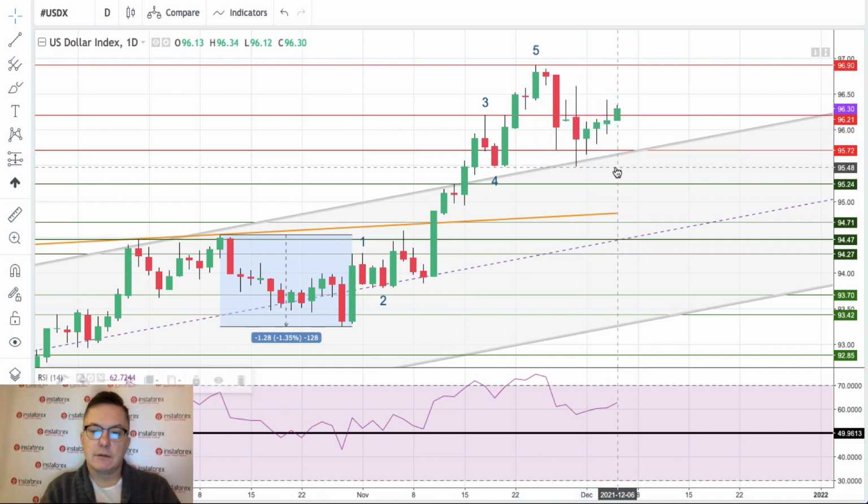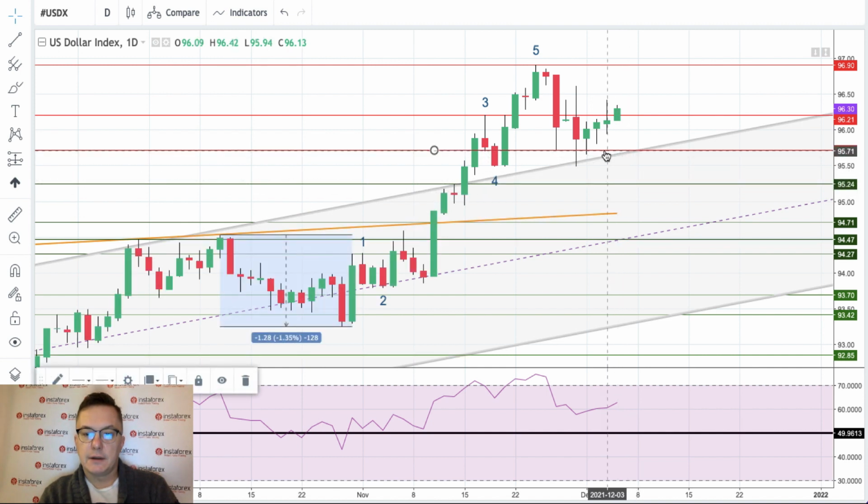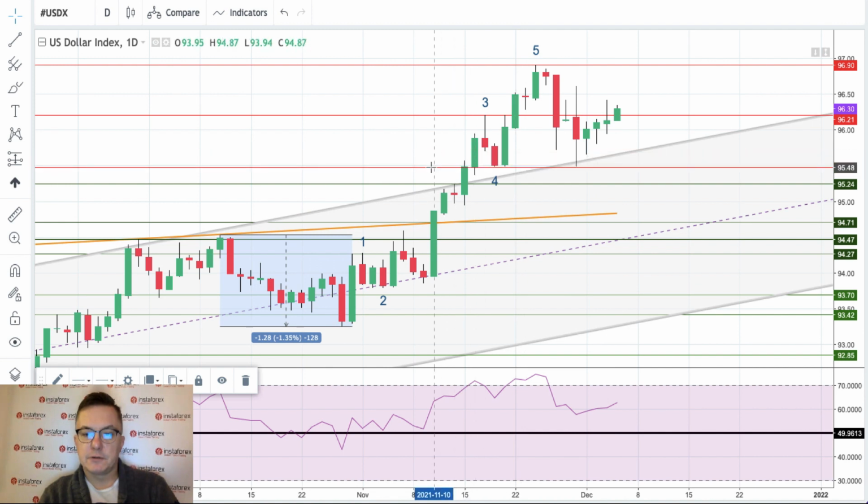So we can now remove this indication of the correction, and now we are going to have a technical support right at the end of this big pin bar candle here. So this is the support. It must be, of course, green.